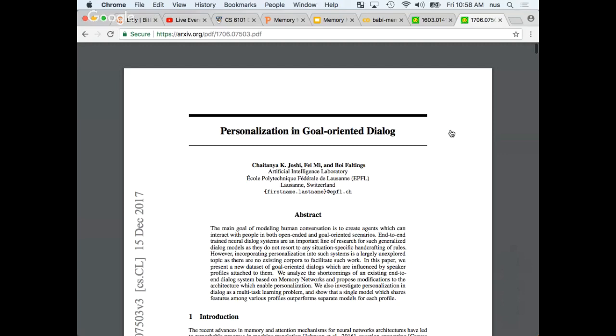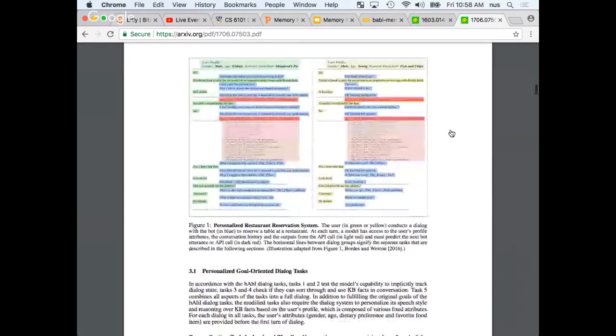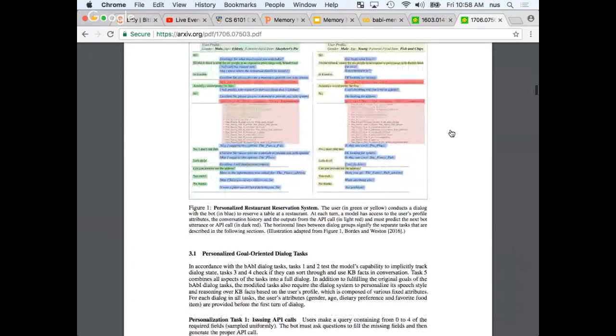So you look at this paper and the architecture diagram, basically what they're doing is taking the question answering system and proposing something that takes a user persona into consideration.